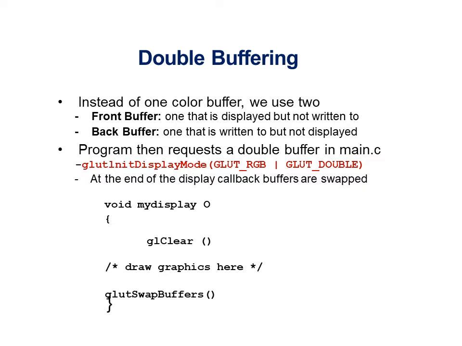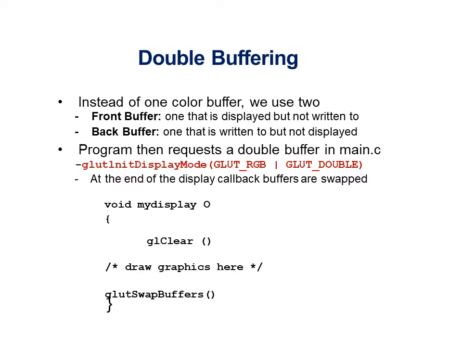So in double buffering, we will have two buffers, that is the front buffer and the back buffer. The front buffer is the one which is displayed and the back buffer is the one onto which we are going to write. These two buffers will be acting simultaneously in the background so that we get the animation.